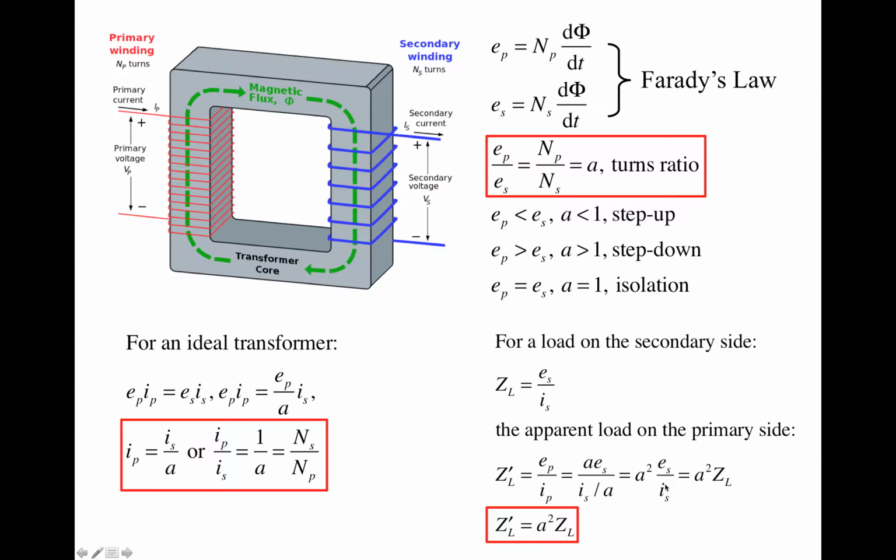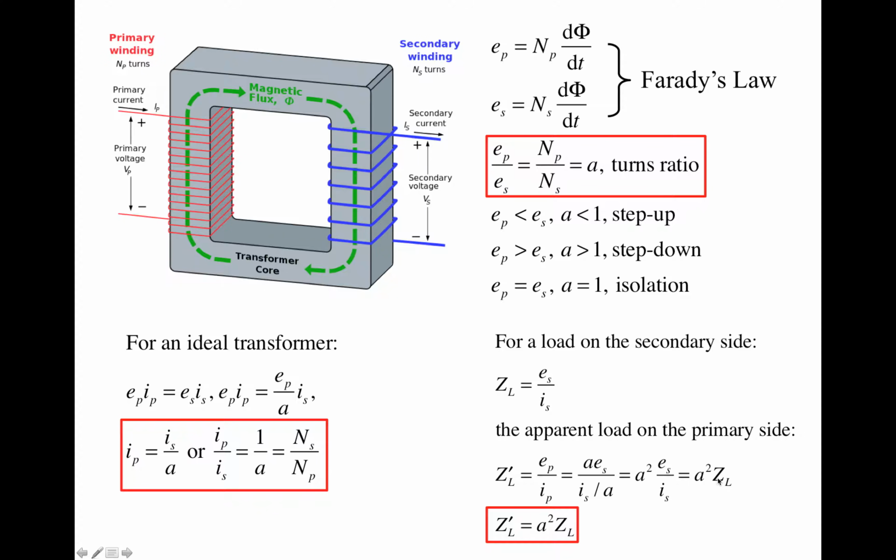That's the secondary voltage over the secondary current, which equals the load on the secondary side, ZL. So on the primary side, this load on the secondary side is going to appear to have A squared times ZL impedance, and A squared is the square of the turns ratio.